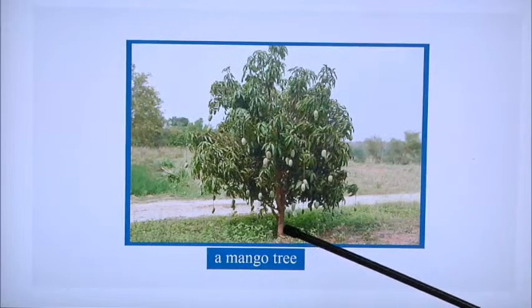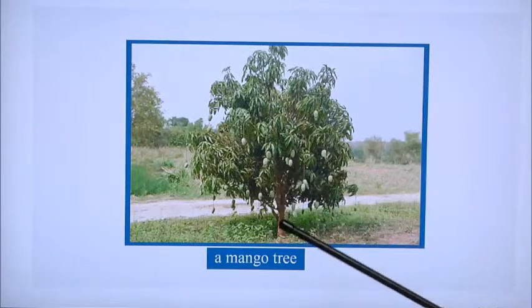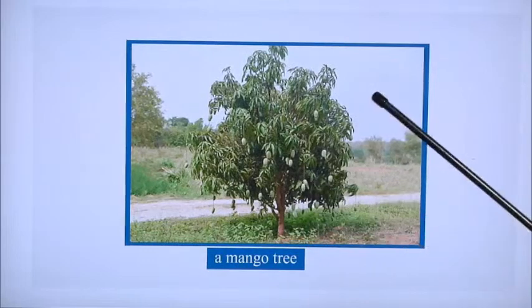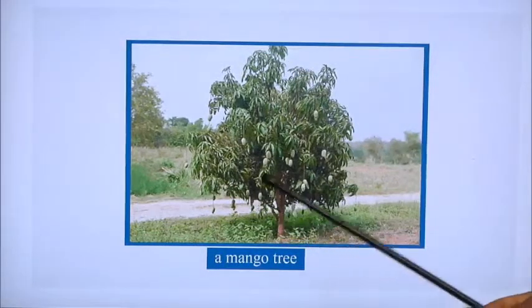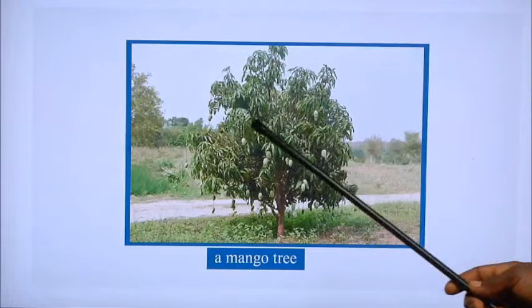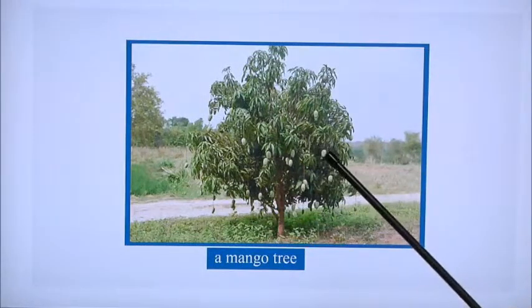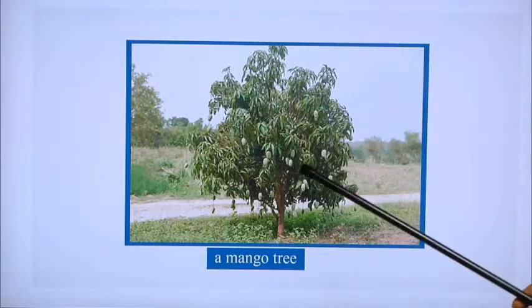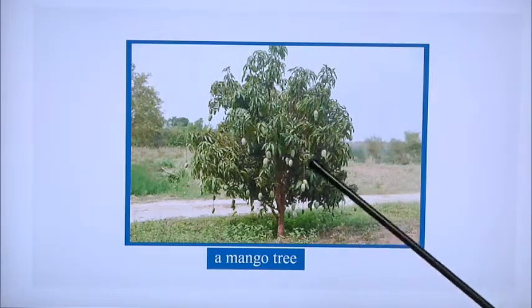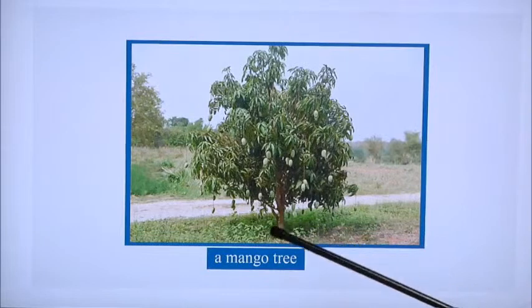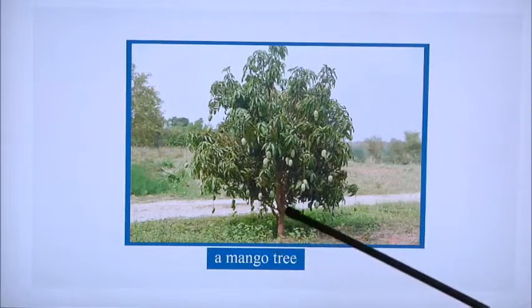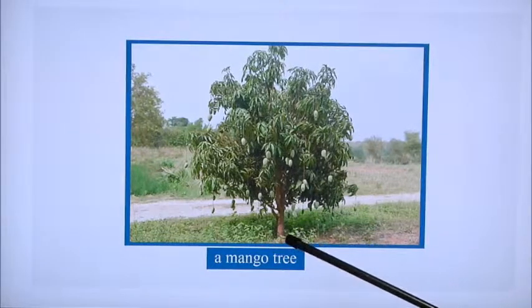Let's look at the stem of the mango tree. We have leaves. We have branches, as we can all see. And we have fruits. We also have roots. And the roots are in the soil.